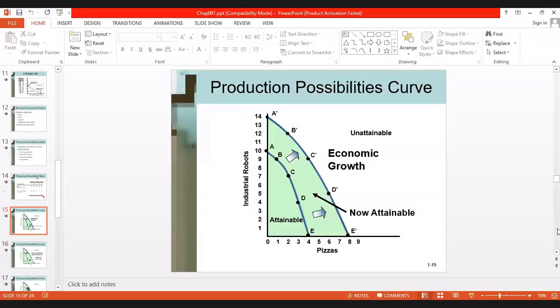So because of increasing opportunity cost, the production possibility curve is concave in shape. In the individual economizing problem, the budget line is straight and the opportunity cost is constant. But here, the opportunity cost is increasing. That is why this production possibility curve is concave. So you know the attainable combinations from the resources available.